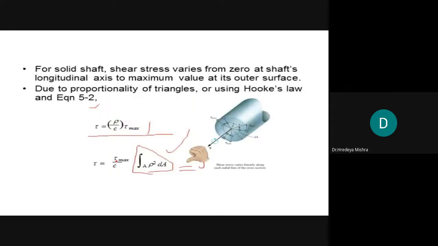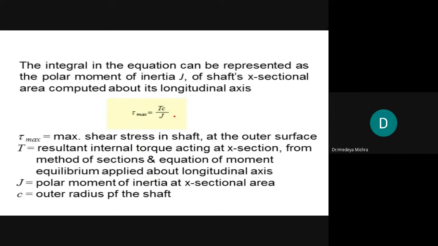From this equation, tau max equals T c divided by J. What is tau max? It is the maximum shear stress in the shaft at the outer surface.